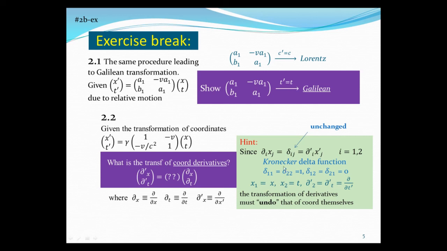And the fact that this leads to a Kronecker delta does not change with coordinate changes. So whatever the coordinate transformation is, the transformation of the del operator must undo the transformation of the coordinates. Just from that, you can immediately write down the transformation for the derivatives.